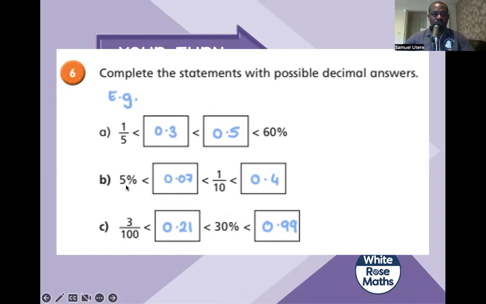So that could be 0.07, or you could have 0.08. Here, 3 hundredths is 0.03. Here, 30% is 0.3. So you could have 0.21 there. And then if you want something greater than 0.3, that could be 0.99.